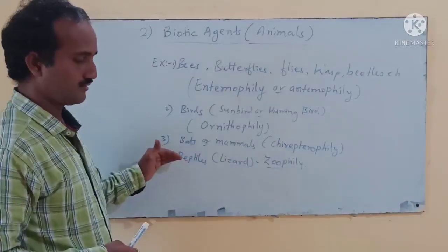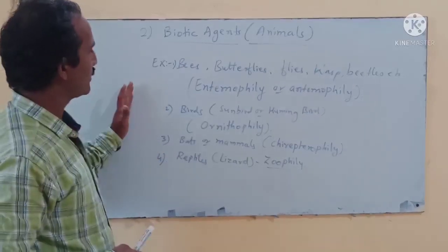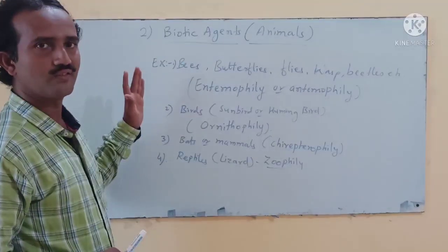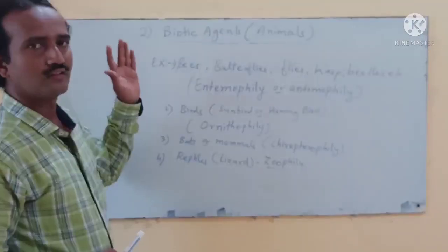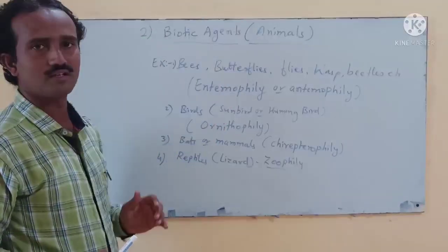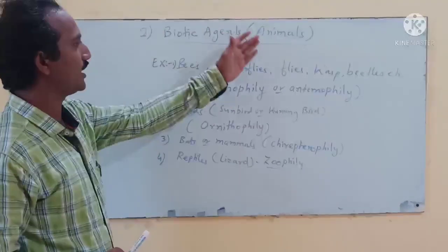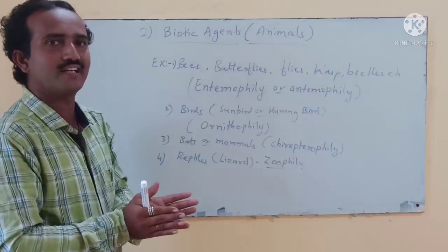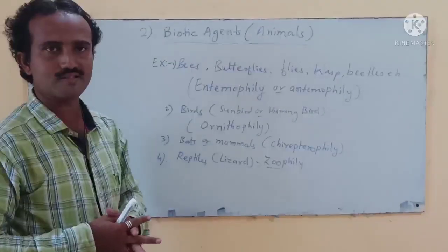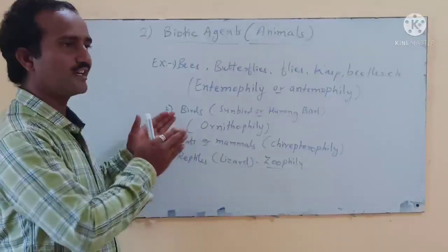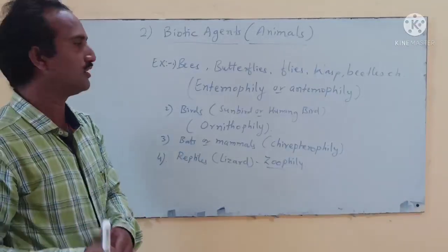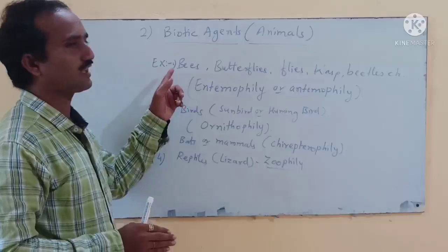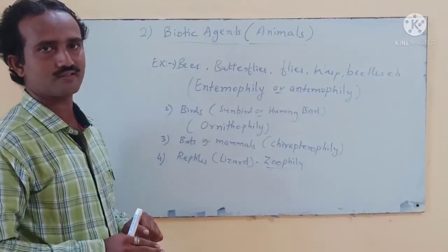Often the flowers which are pollinated by animals have specific criteria for specific animals. Different species have different criteria for that species of animals.